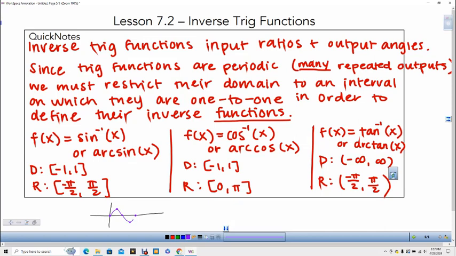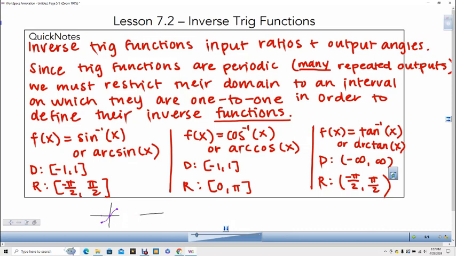So there is one period of the sine function. And as we can see right there, if we draw horizontal lines, if we use this period, then that's not going to be enough to limit it down to being one-to-one. So what we do is we actually go backwards to -pi/2, and that takes us down here to the minimum, and we limit the domain.